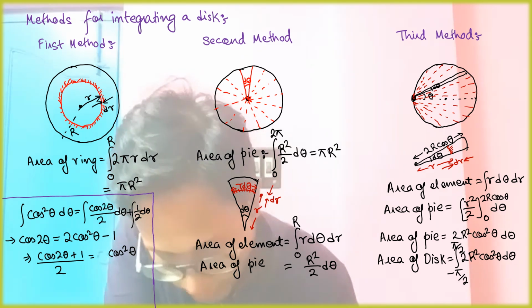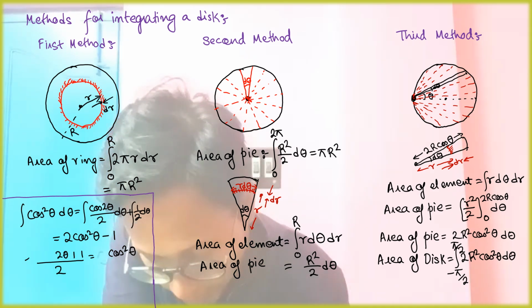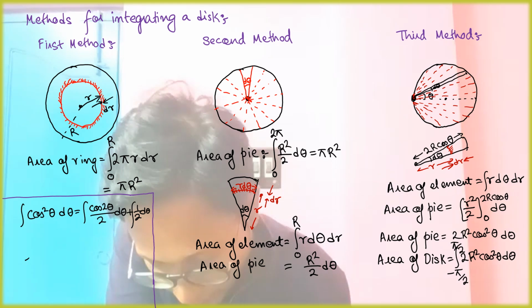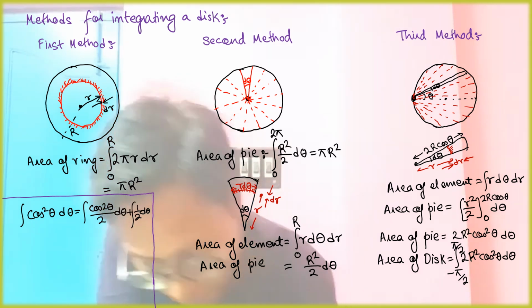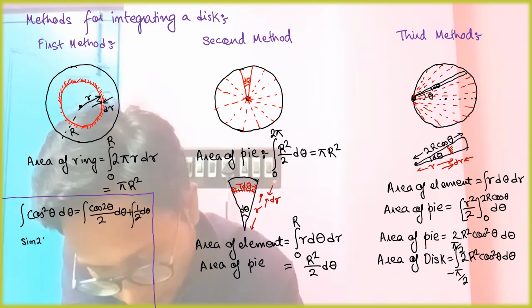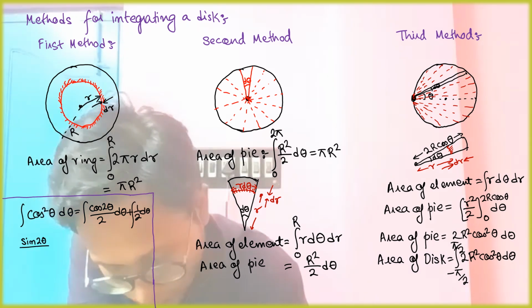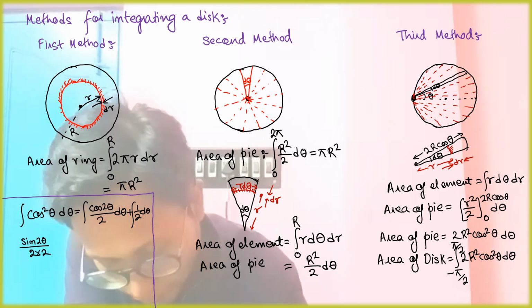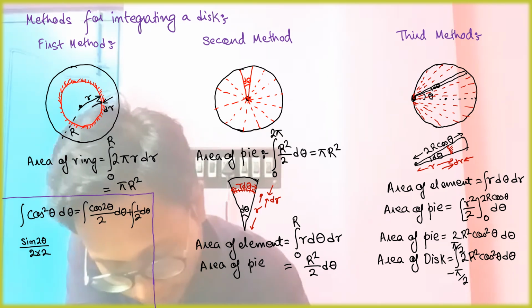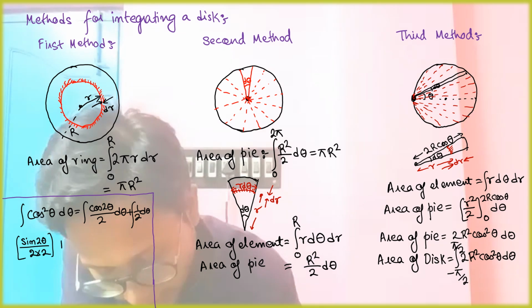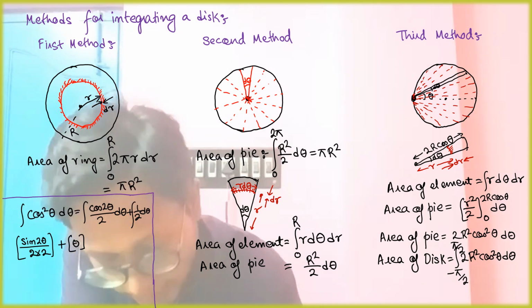Understood? So integration of, I'm just erasing all this part. Integration of cos 2 theta by 2 is nothing but sine 2 theta by 2, isn't it? And this will get multiplied by the other 1 by 2. This 2 gets multiplied by this 2. And integration of d theta by 2 is nothing but plus theta. Isn't it?